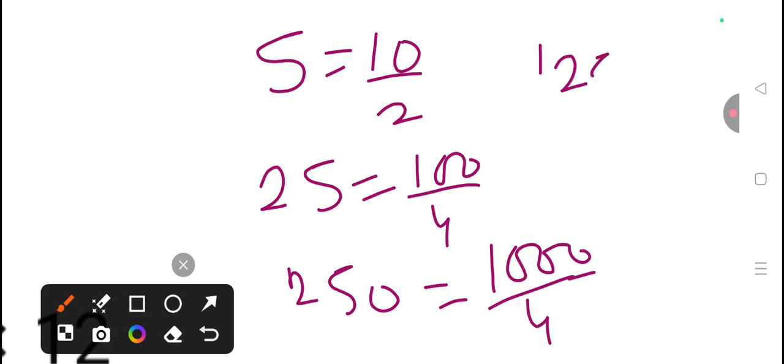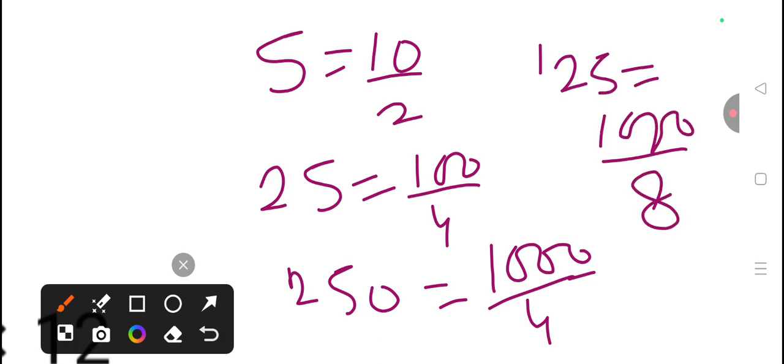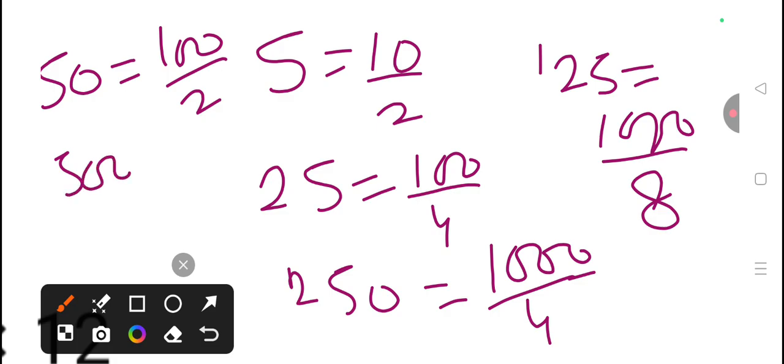And 125 can be written as 1000 upon 8. Right? So these are some numbers which can be converted into the forms of tens, hundreds or thousands. Similarly 50 can be written as 100 upon 2, and 500 can be written as 1000 upon 2, like this.